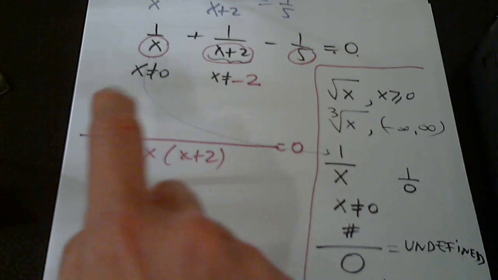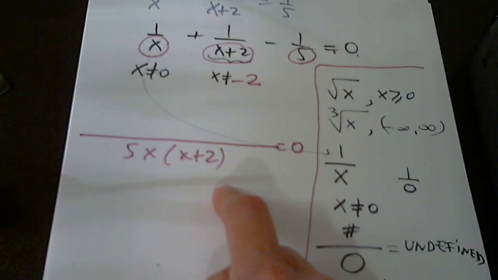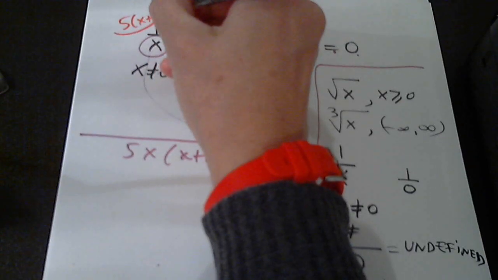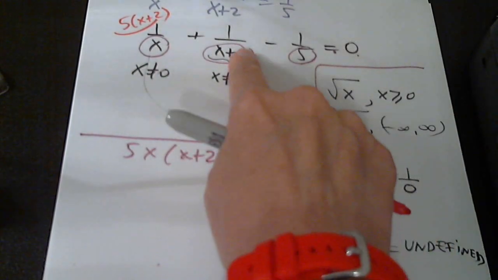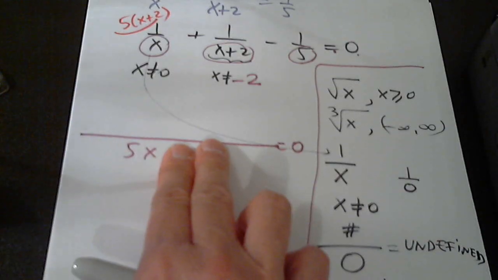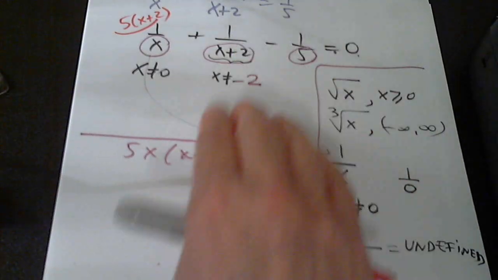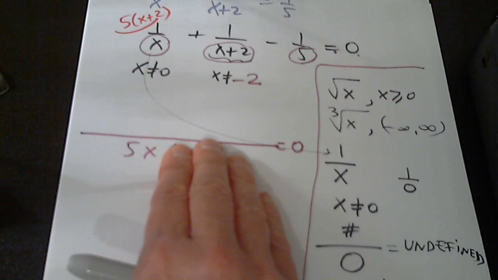I only want you to say 5 times x plus 2, because this is what I have to do here. 5 times x plus 2. What did I multiply this factor by to get this as the least common denominator? What will you say? What was this multiplied by to get this?